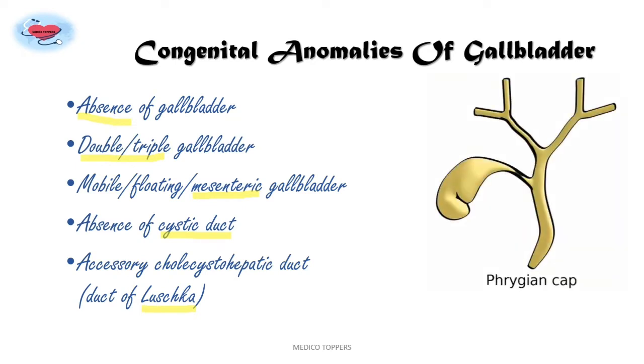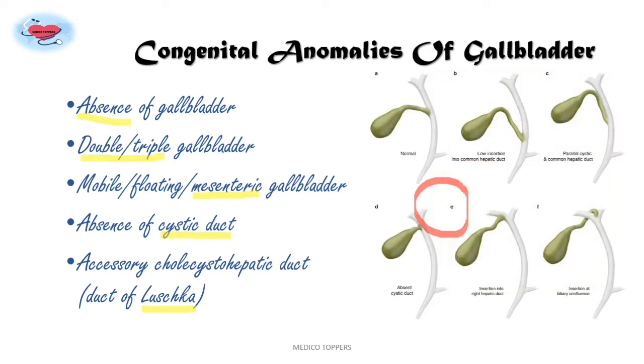Next, this is Phrygian cap. In this picture, we can see the cap-like projection over the fundus of the gallbladder. This is seen in nearly 6% of people. I hope in this picture we can cover all the congenital conditions. Normal gallbladder first.